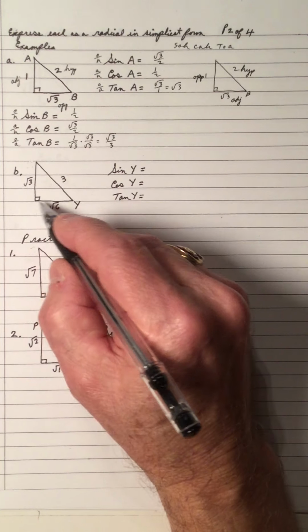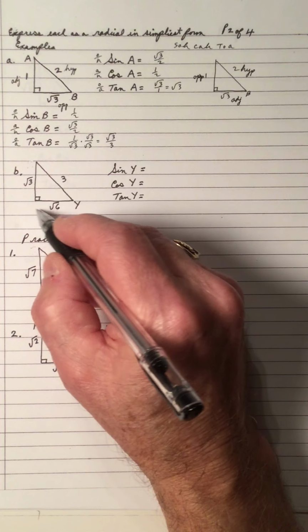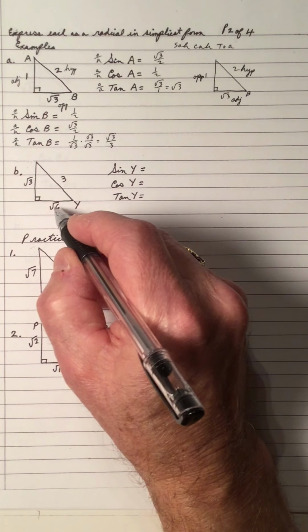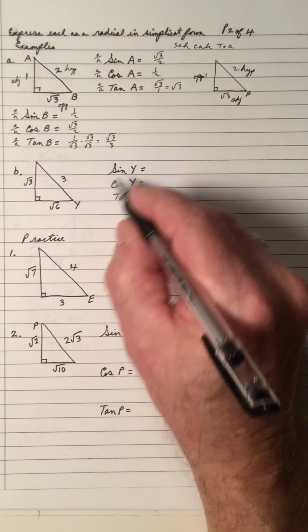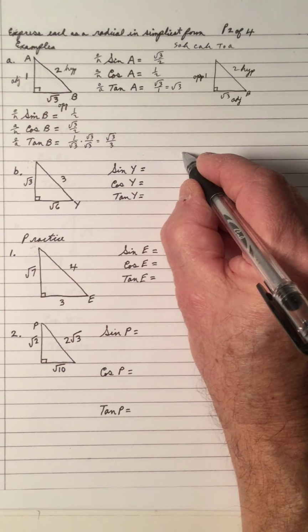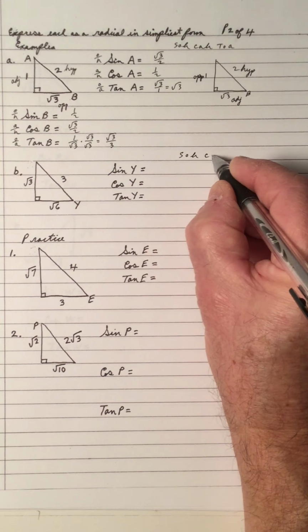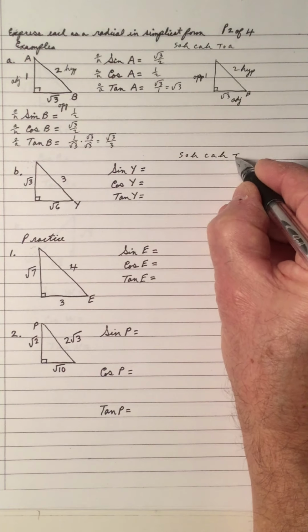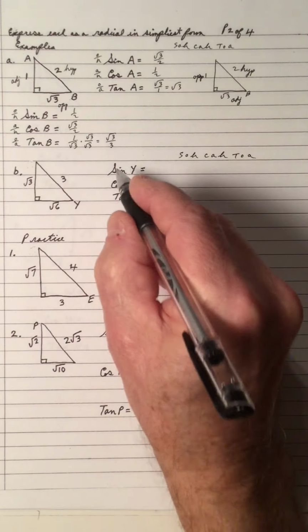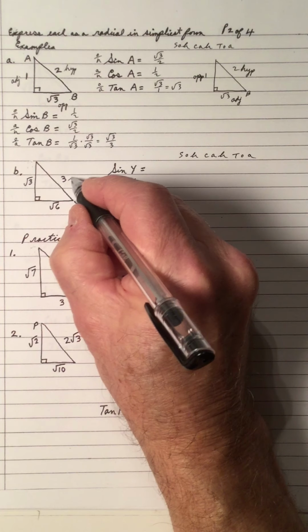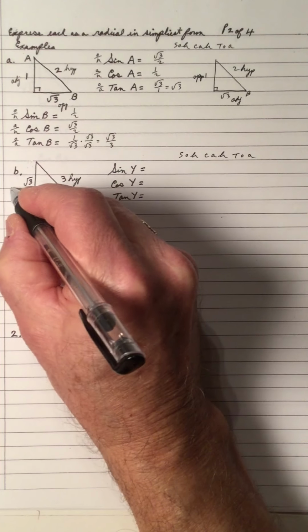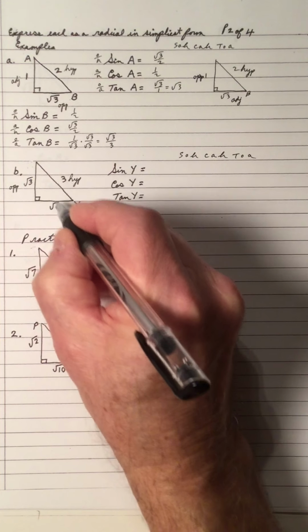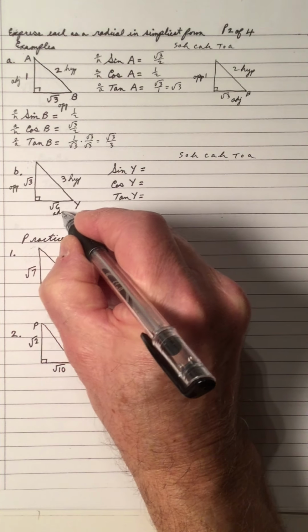Again, we have the triangle done. Notice all the sides are here. I have a root 3, a root 6, and a 3. And I have to do the sine of angle Y. SOHCAHTOA. This is the hypotenuse, fill it in first. I'm doing Y, so this is opposite, and this side is adjacent.